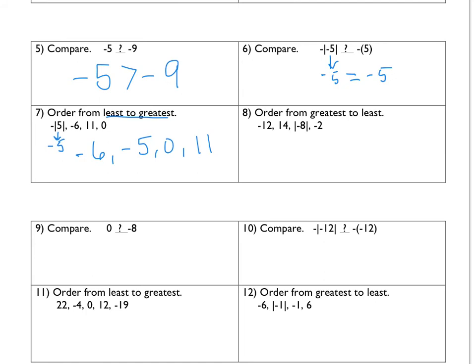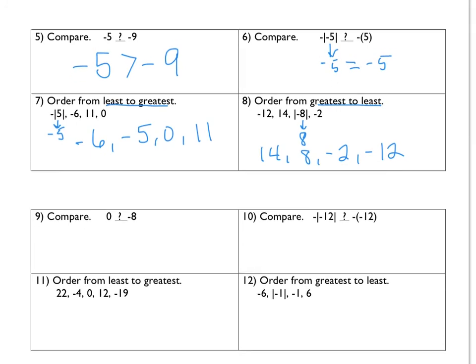Number 8, we're ordering from greatest to least. This right here is an absolute value, so that's going to be an 8. And so from greatest to least, we're going to have 14, 8, negative 2, and negative 12.